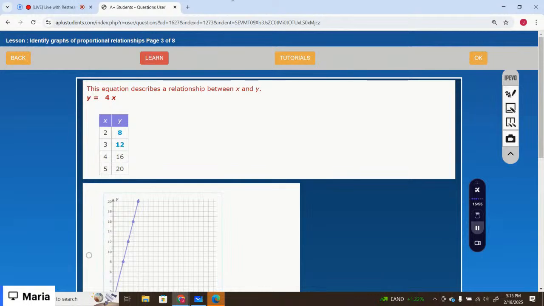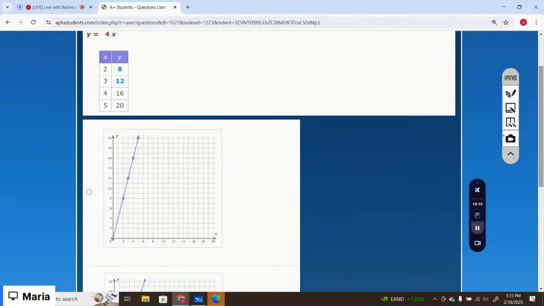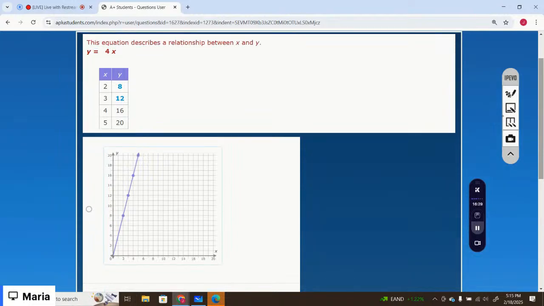This equation describes the relationship between x and y: y equals 4x.